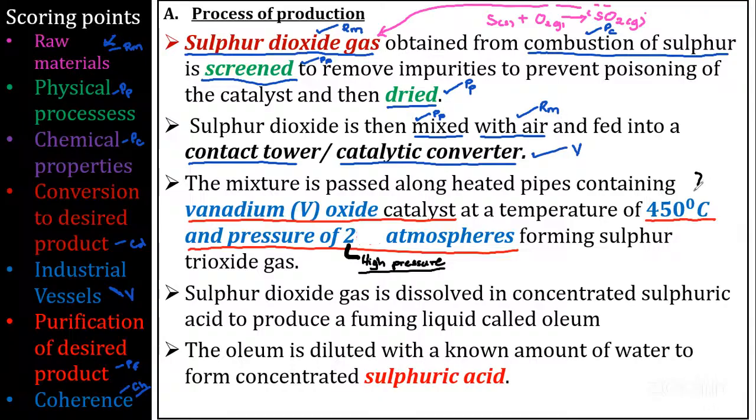If you are not sure of the value of temperature, then call it low temperature. It is 450, but considered to be a low temperature. So when you are trying to write, you consider that.